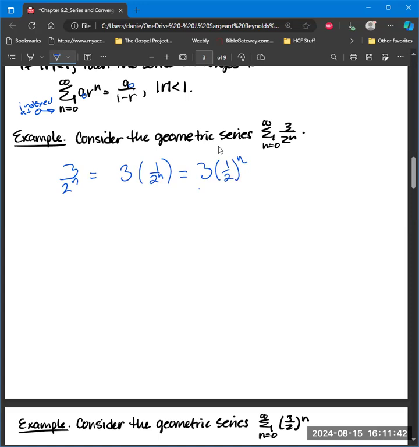So we have an a naught here, and we have an r here. Because r is equal to 1/2, which is between -1 and 1, we're good. The series will converge.